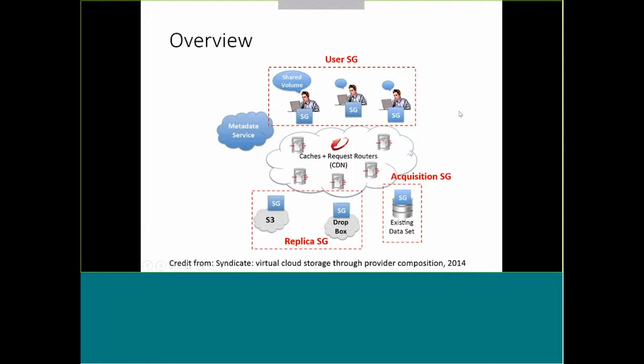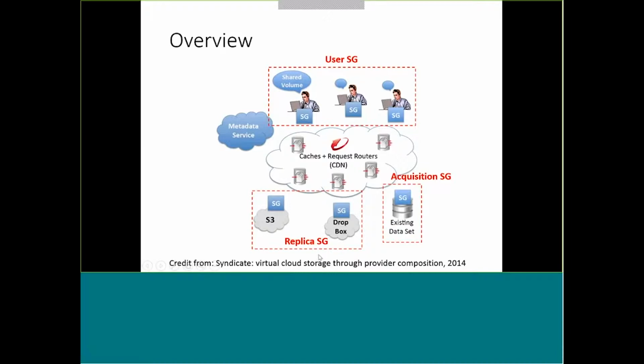Secondly, there is another component called the replica Syndicate gateway. It's an interface with the cloud storage provider. Right now, Syndicate supports Amazon S3 or Glacier, Dropbox, and Google Drive, and iRODS as well, but it's still under development.